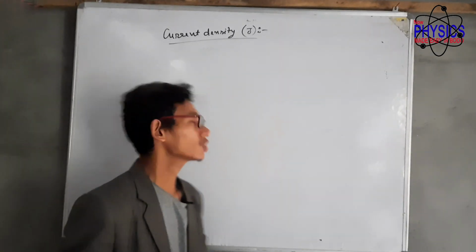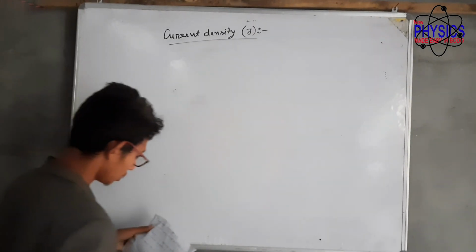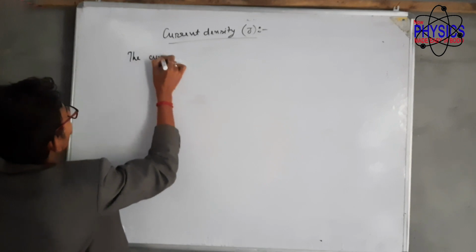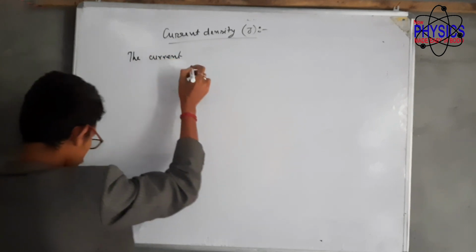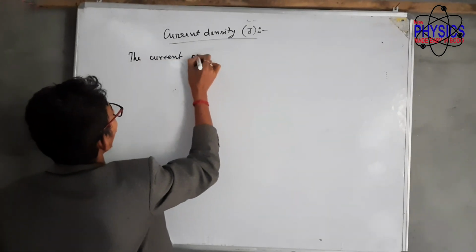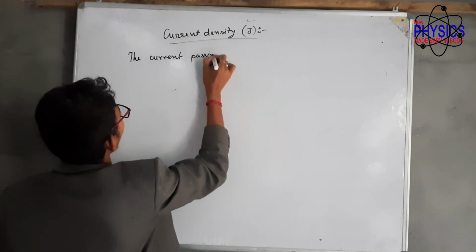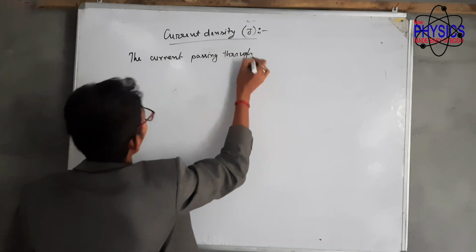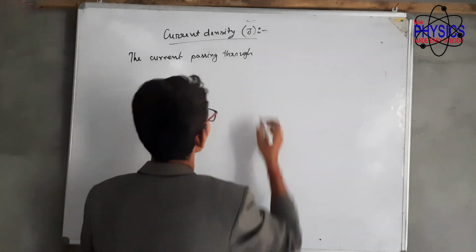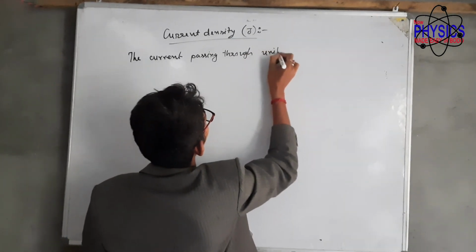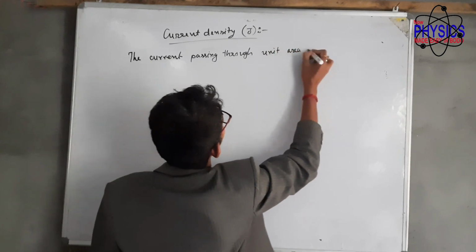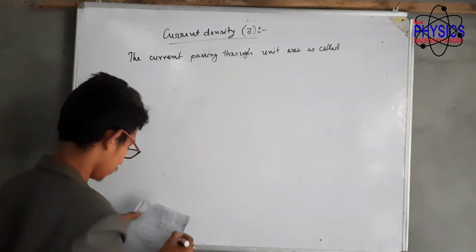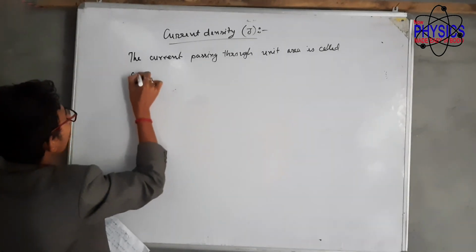So the right definition: the current passing through unit area is called current density.